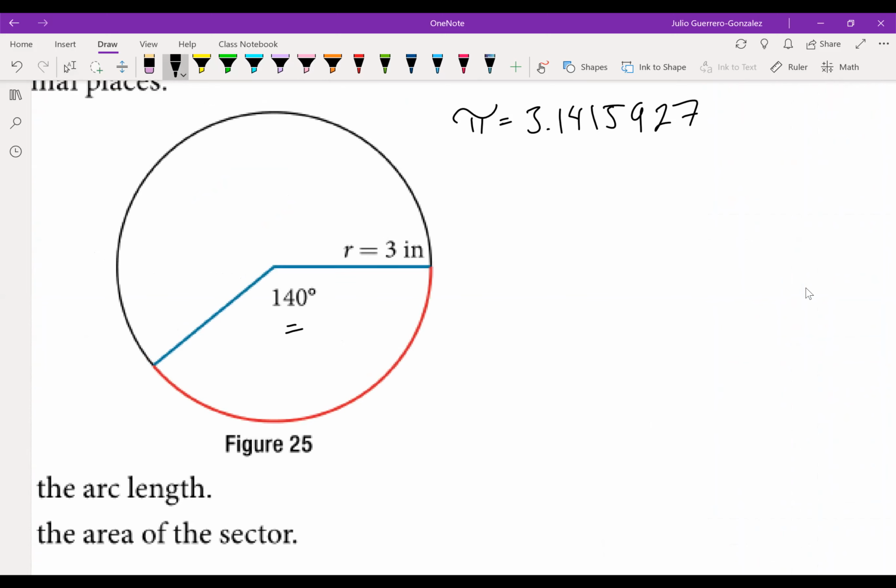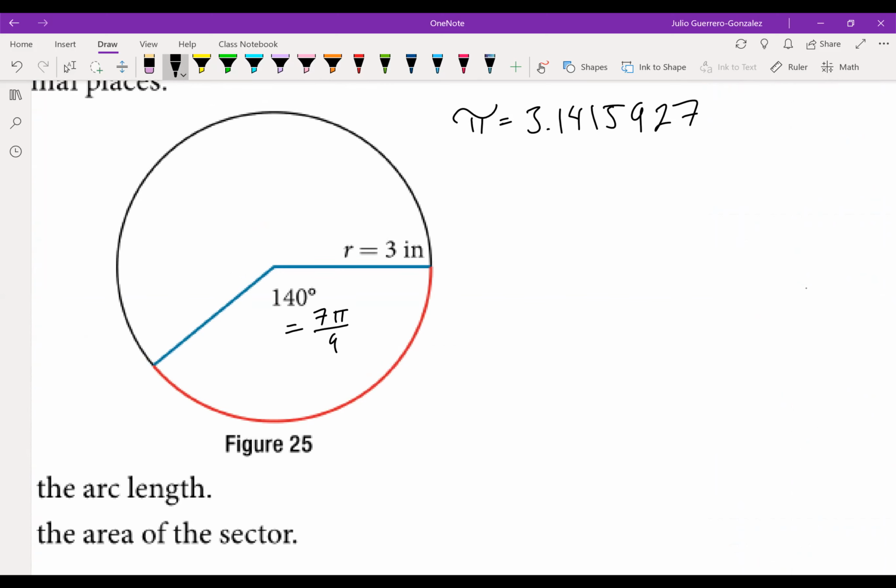That's where I had trouble. Oh, I think you got it before. 7 pi over 9, right? Right, that's the 7 pi over 9.